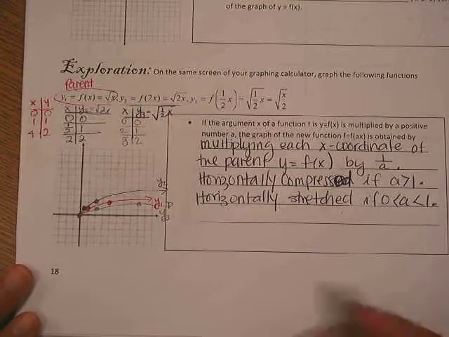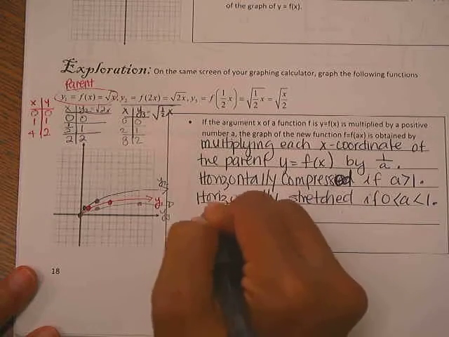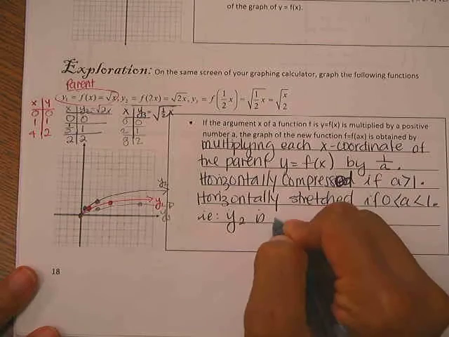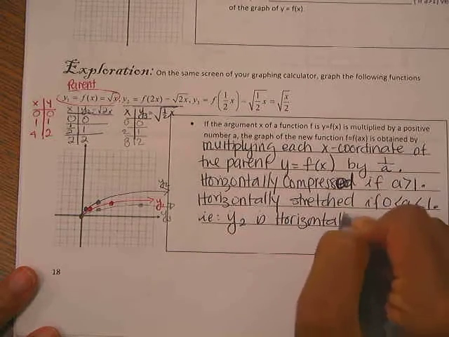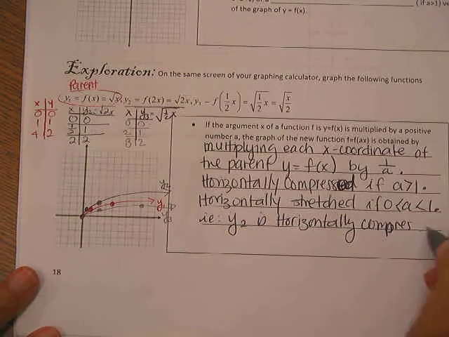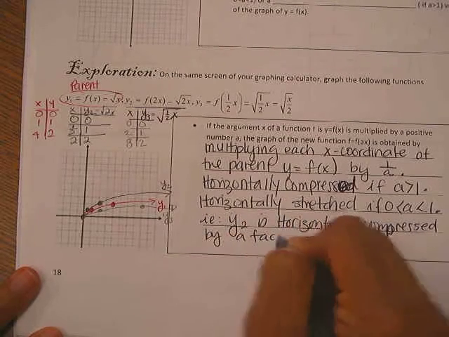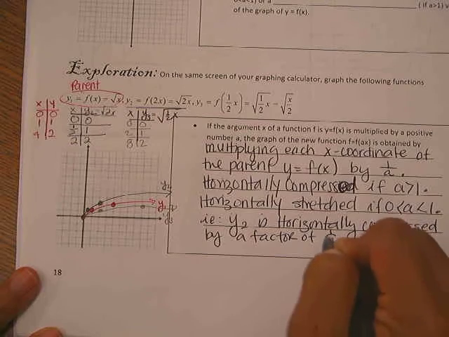So let's spell this out. Okay, so in our example, y subscript 2 is horizontally compressed by a factor of 1/2, fraction.